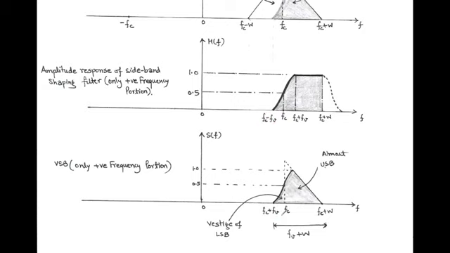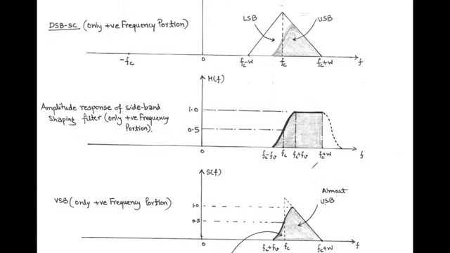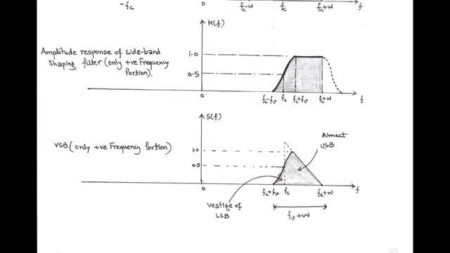And with the help of this amplitude response of the sideband shaping filter, we obtain the vestigial sideband, denoted by S(f). Here also we take only the positive frequency portion.